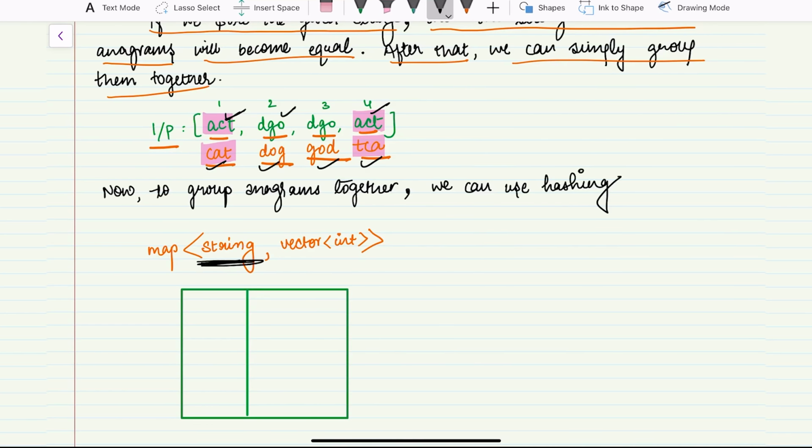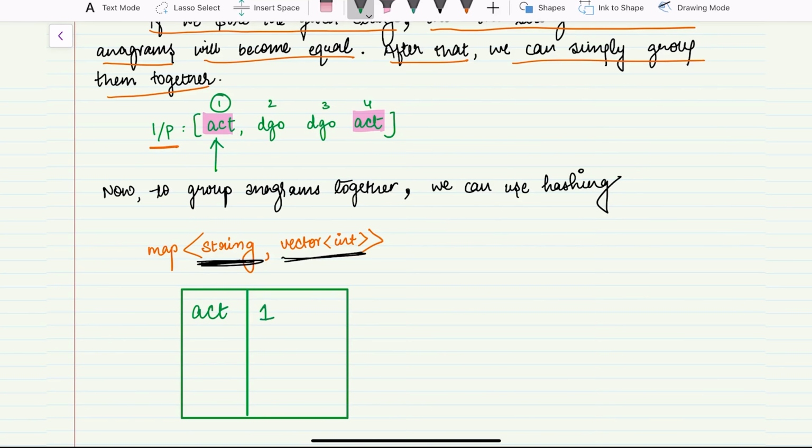So we can have a string as key and a value as a vector of int, because we have to keep track of the indices of the anagrams, right? Now we will simply iterate over the sorted array. First we are at act, and act is not present in our map. So let's put the string and the index, which is 1, in the vector, right?